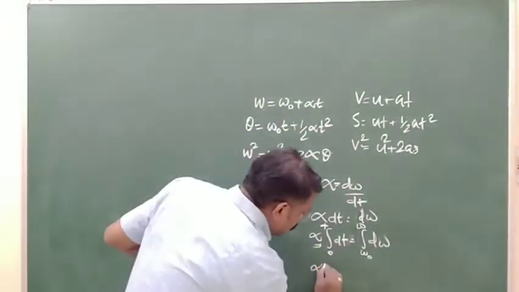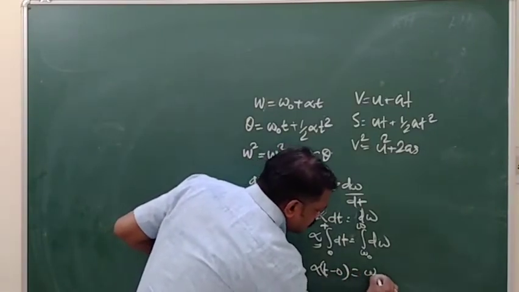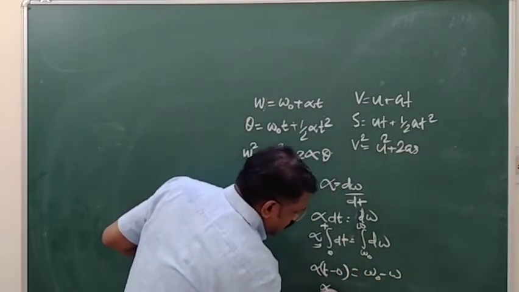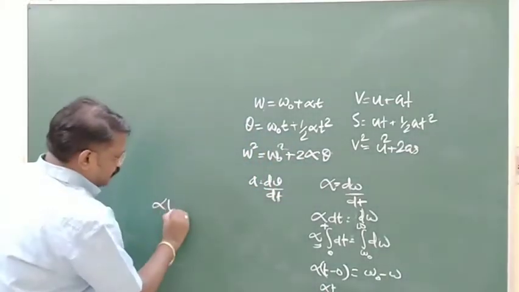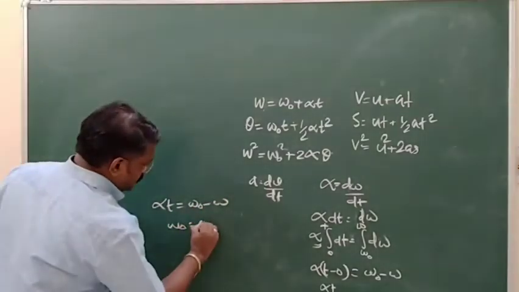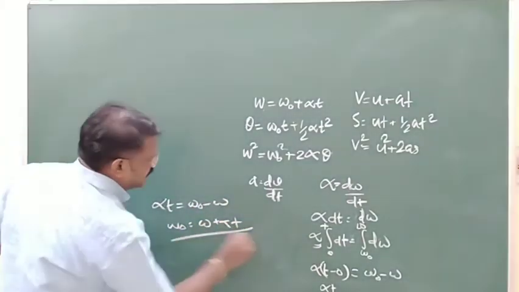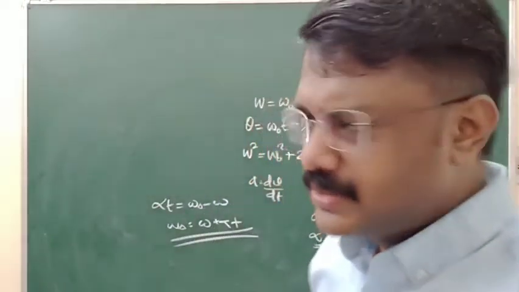So alpha t is equal to omega minus omega 0, that is omega is equal to omega 0 plus alpha t. First equation.